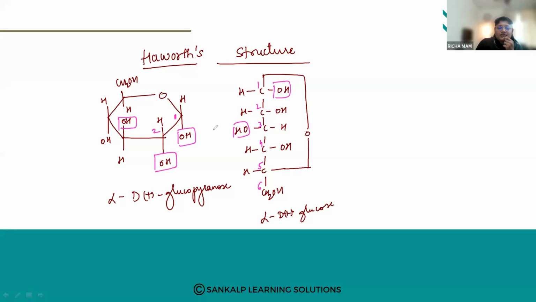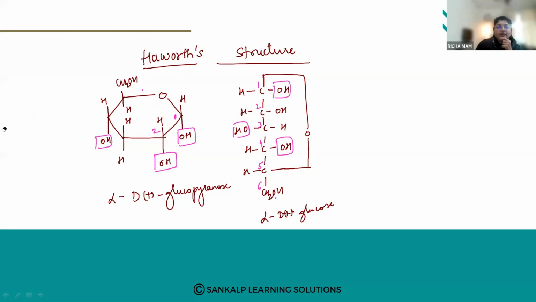Then C4 carbon again on the right hand side, and CH2OH is on the right hand side. So this is our alpha-D structure. This is our Haworth structure of alpha-D-glucose. Got it?